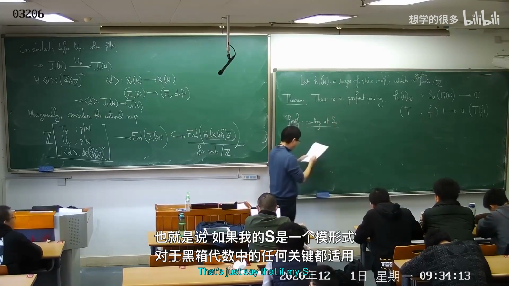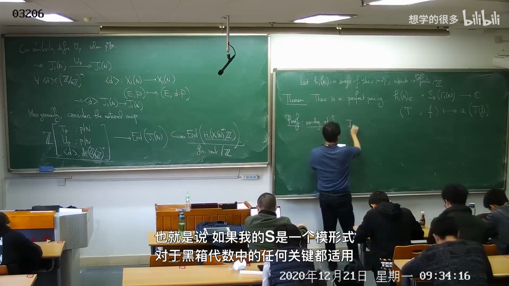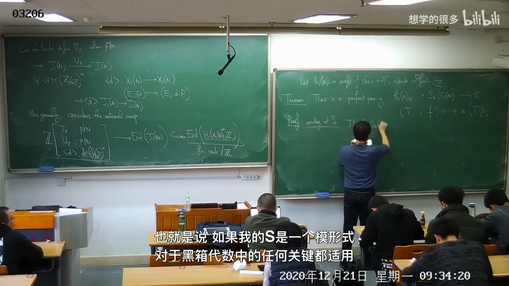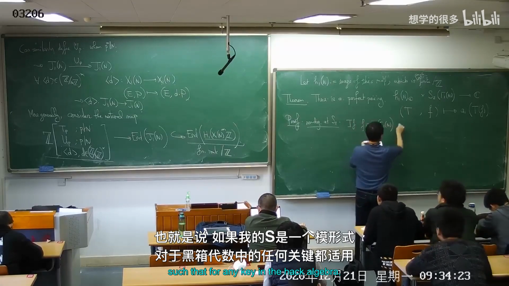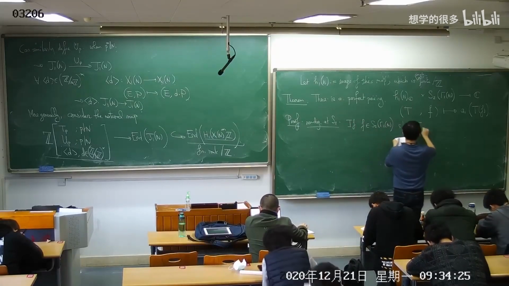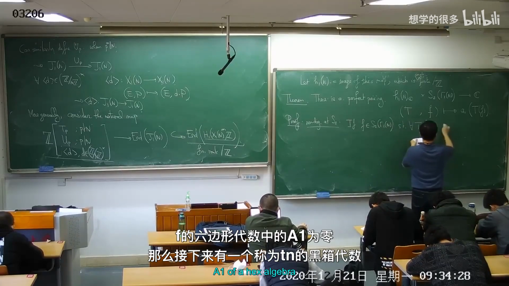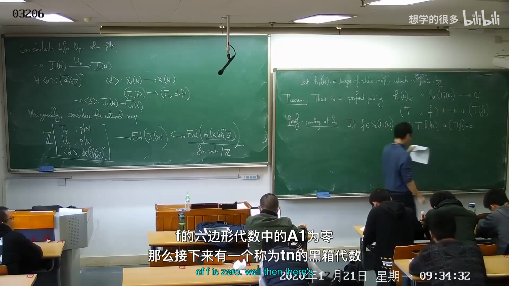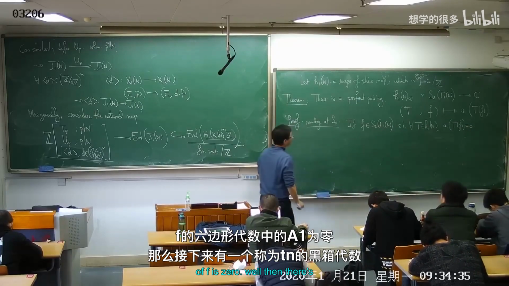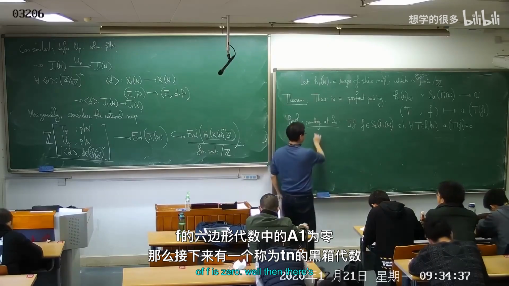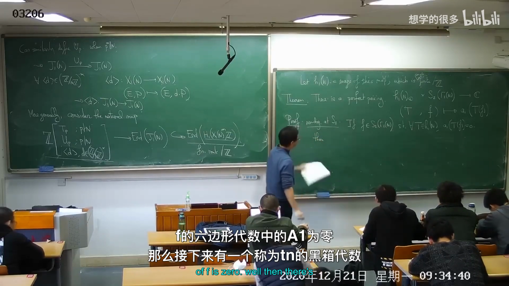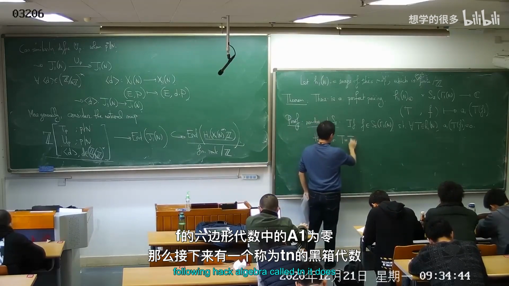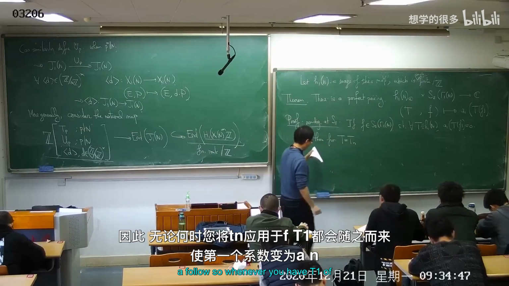That is to say, if I have a modular form F such that for any T in the Hecke algebra, a_1(T F) is 0, well, then there's the following Hecke operator called T_n.